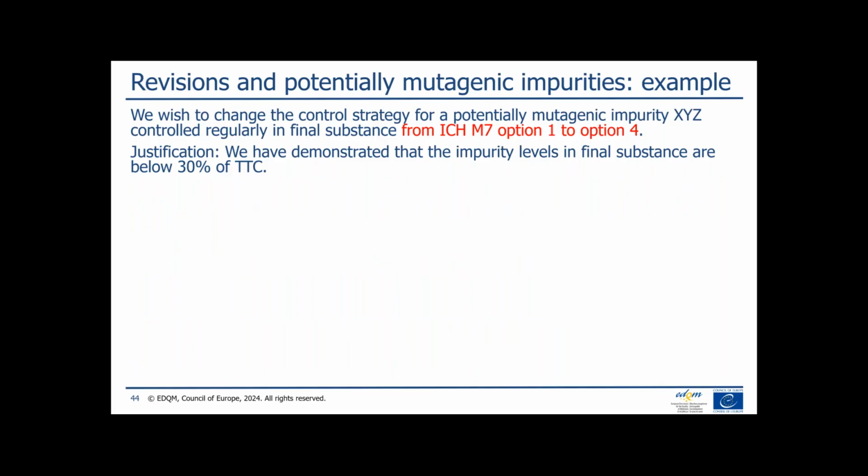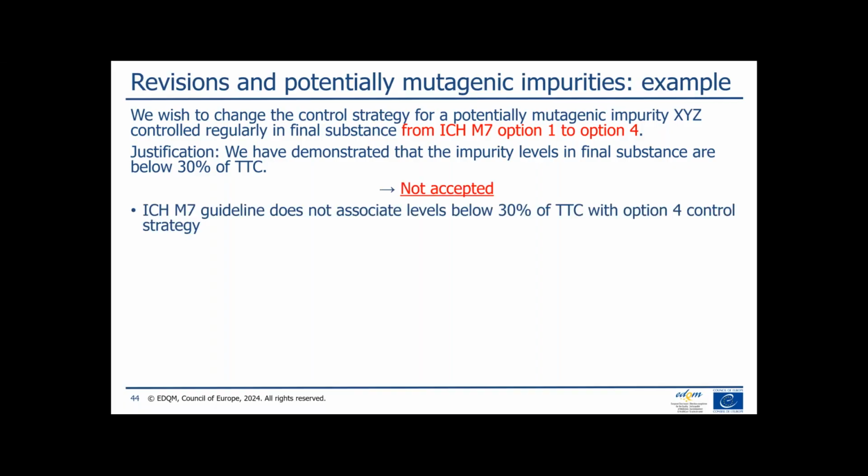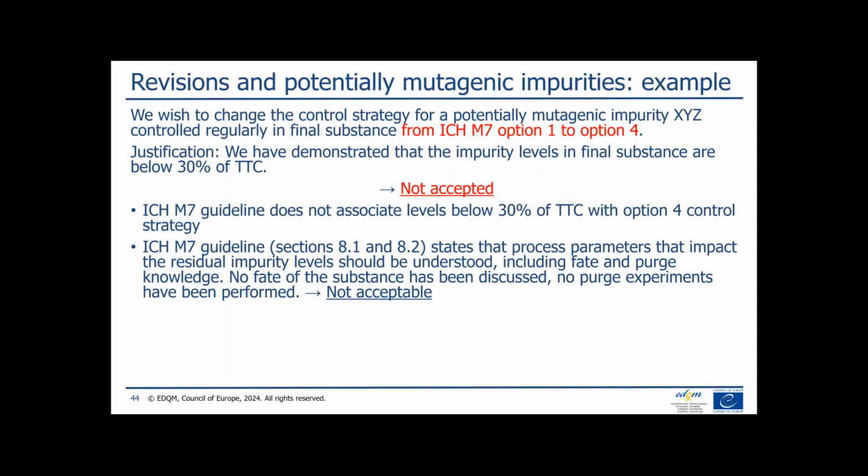Okay, so now this slide about further potentially mutagenic impurities. We have a SEP and we have a limit for a potentially mutagenic impurity in the final substance, and we wish to change this to option 4. We offer a justification to EDQM that we have demonstrated that the impurity levels in the final substance are below 30% of TTC. This is not acceptable. ICH M7 does not associate option 4 with 30% of TTC.